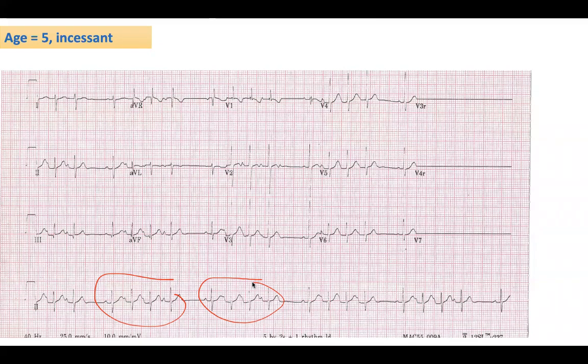The PP intervals are regular, but the PR interval is not fixed. Definitely not... retrograde P, maybe. So we don't know whether it's retrograde P or antegrade, but it's definitely a long RP tachycardia, right?